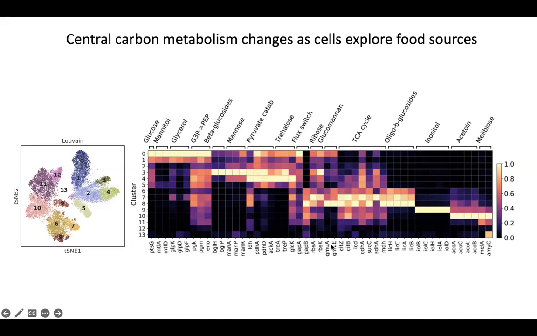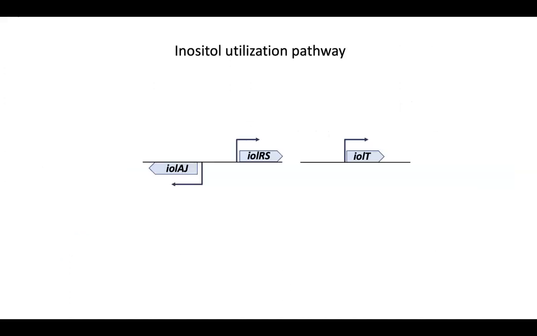And what is very dramatic here is this cluster 9 right in the middle. Remember, I told you it represents only a small portion of cells from this OD 1.7 sample. And what they are doing is expressing these myo-inositol catabolism genes very uniquely, because none of the cells in the rest of this data set activate them. So the inositol utilization pathway has been more or less characterized to some degree in Bacillus.